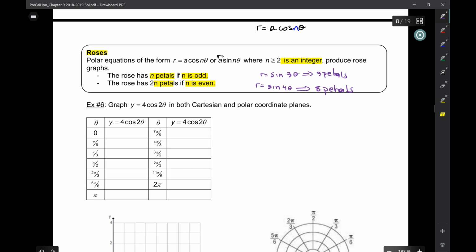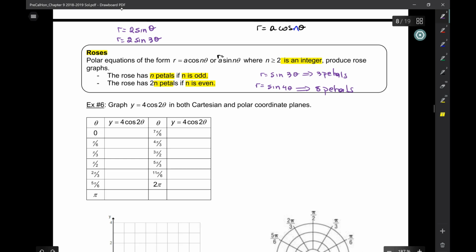All right. So now, what is the difference between R equals 2 sine theta and R equals 2 sine 3 theta? What is the difference in terms of chapter 4? What's the period of the one on top? Come on, what's the period, 2 pi?